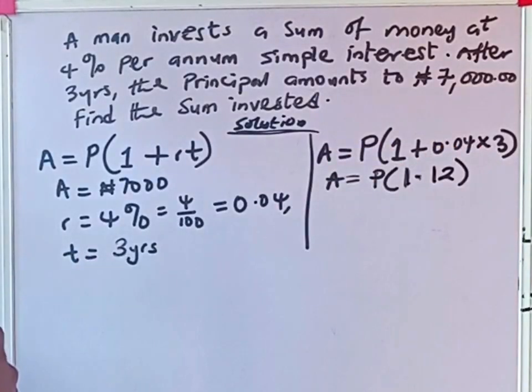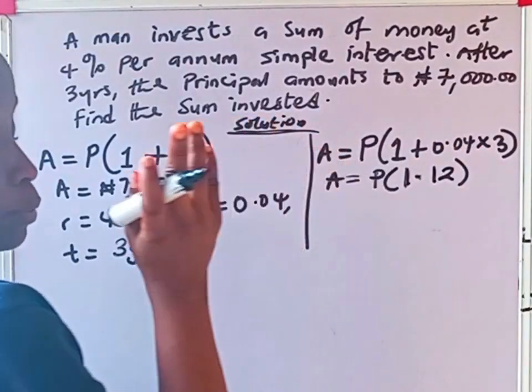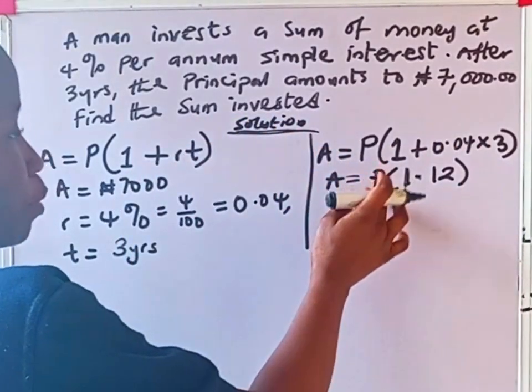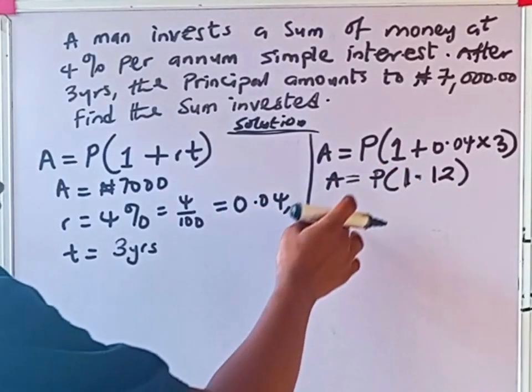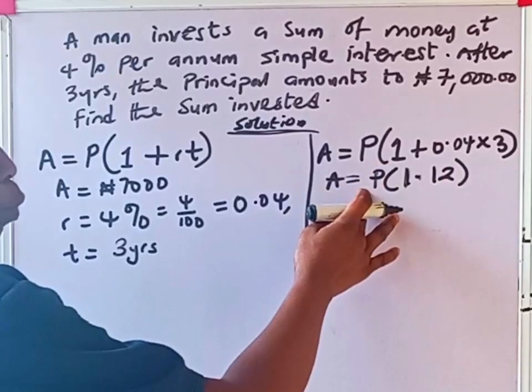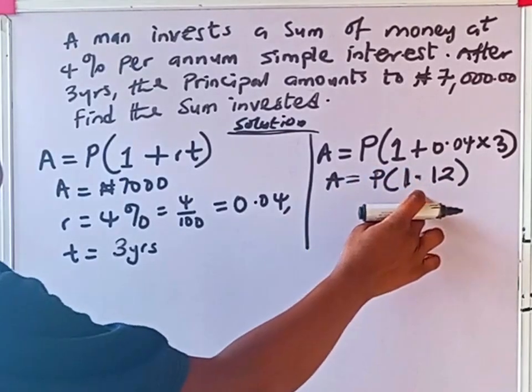I don't know if you follow what we are doing. Then you know that in mathematics, when a number is standing before a bracket or a letter, it multiplies everything inside the bracket. So to remove this bracket, our P will need to multiply everything inside this bracket.